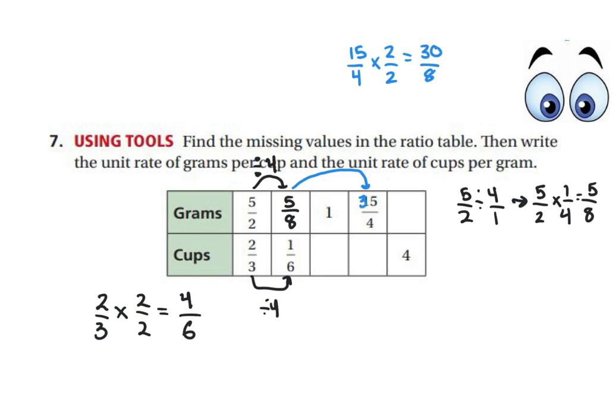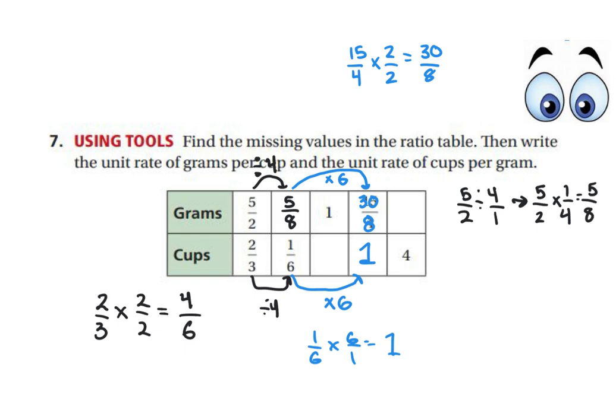So if I said this was 30/8, then I know that my factor I apply will be times 6. So here I'll also multiply by 6. Because 5 times 6 is 30. 1/6 times 6 is 1.